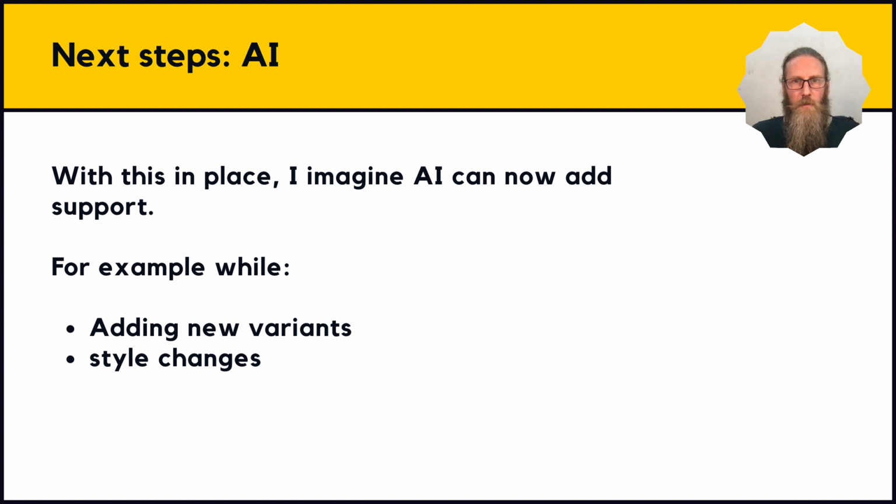And what if we add a new variant? Could an AI figure out what are all the changes that would need to be made based on some of the changes we do? So for example, when we are changing styles to one of the variants or one of the variants in a new variant set, could the AI figure out for us what would be all the other variants to update?